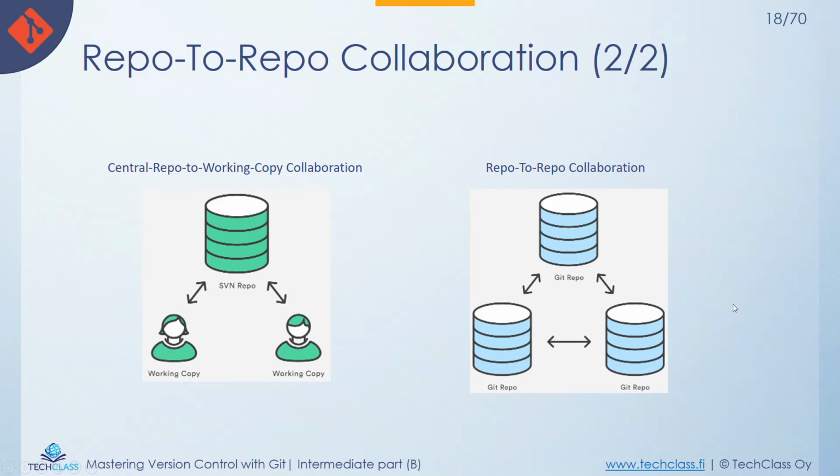Here you can see that in the SVN concept, we have a central repository, and then for working copies there are these relations, but in Git, repositories are a sort of collaboration with each other.